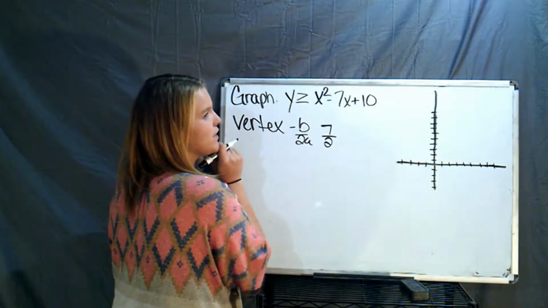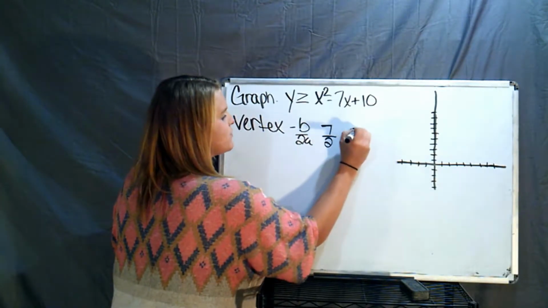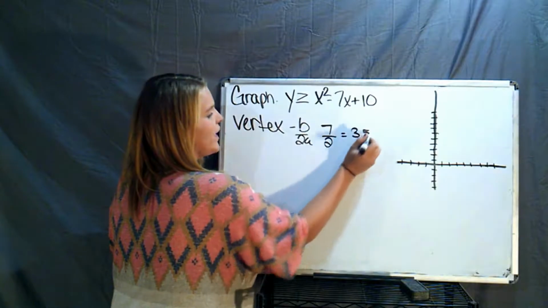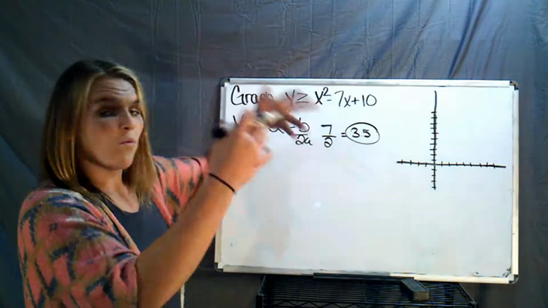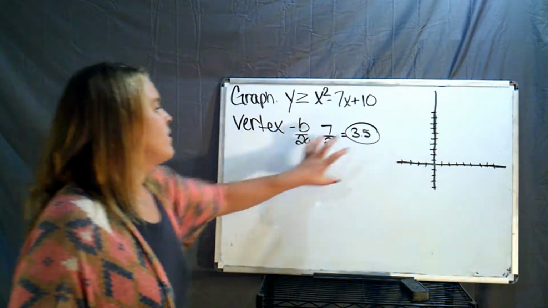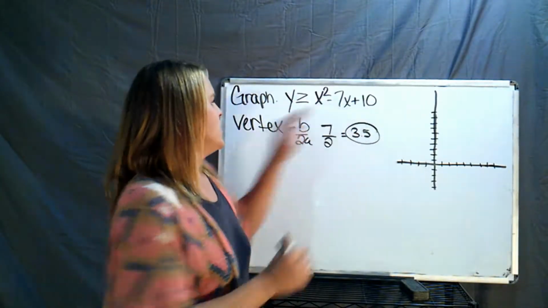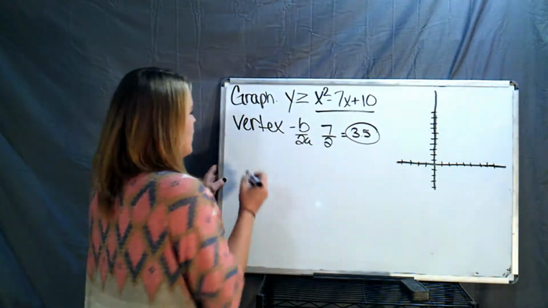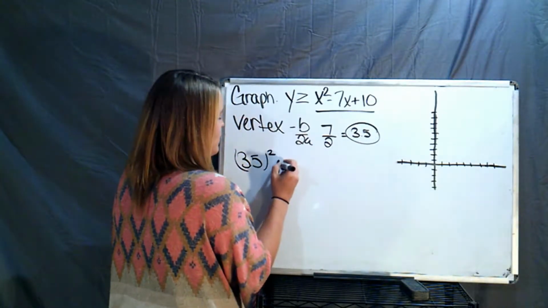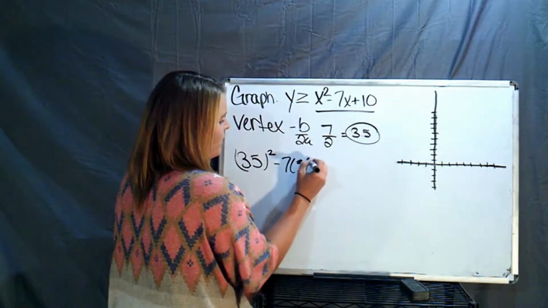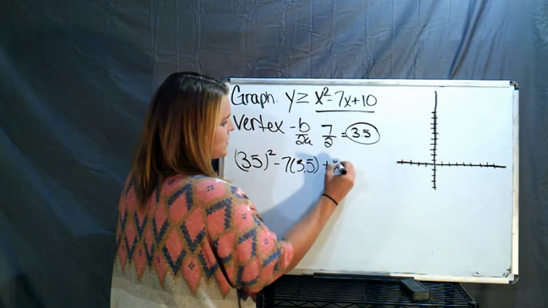And then I'm going to put that in decimal form, which is equal to 3.5. And I know that that is the x value of my vertex. Then I'm going to find the y coordinate of my vertex by plugging x into this equation. So I am going to have 3.5 squared minus 7 times 3.5 plus 10.